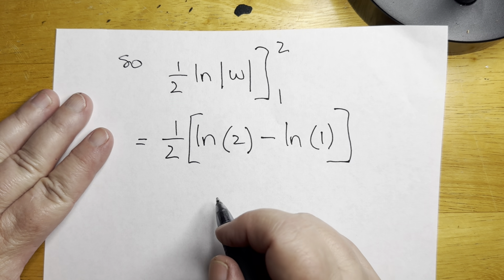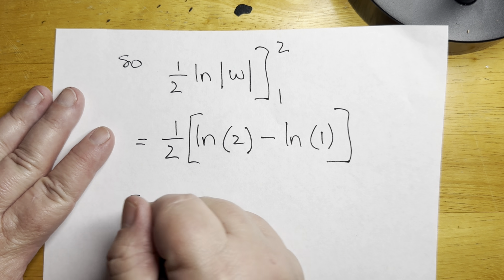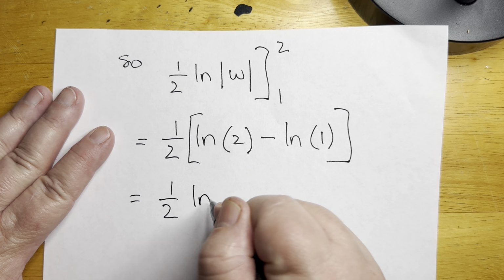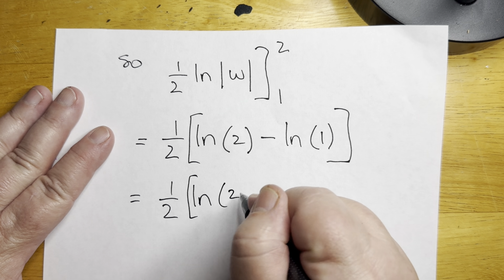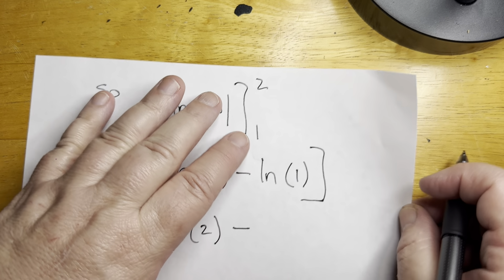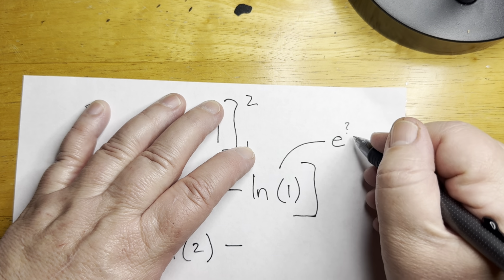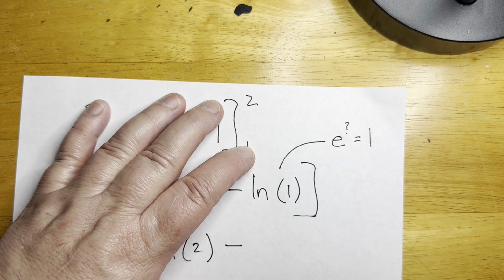Now, the last thing to remember, this is one of those problems where you have to remember all the math you've ever learned in your entire life. Do you guys remember what the natural log of 1 is? Natural log of 1 asks e to what exponent equals 1?